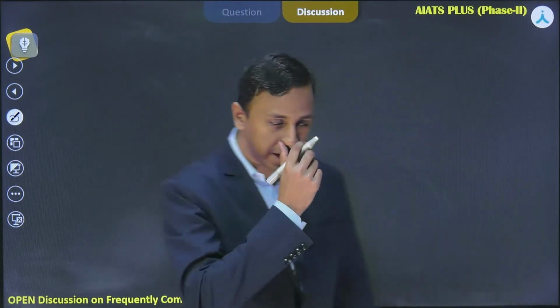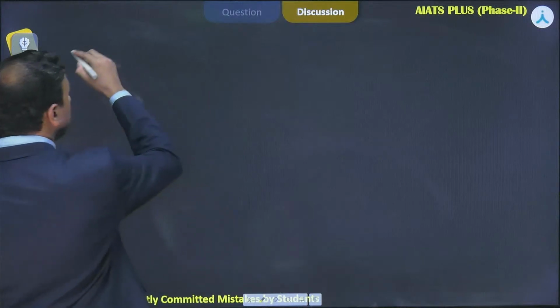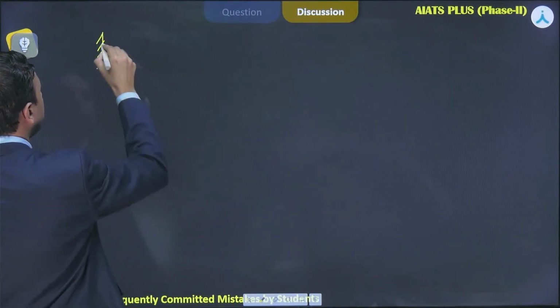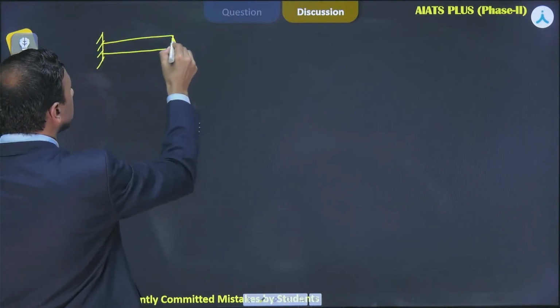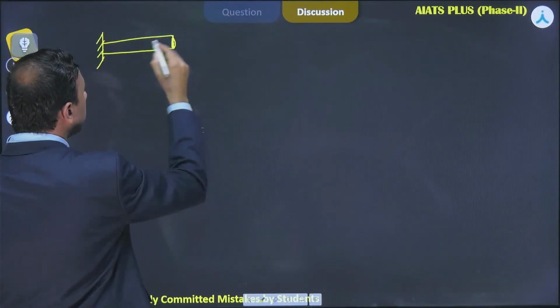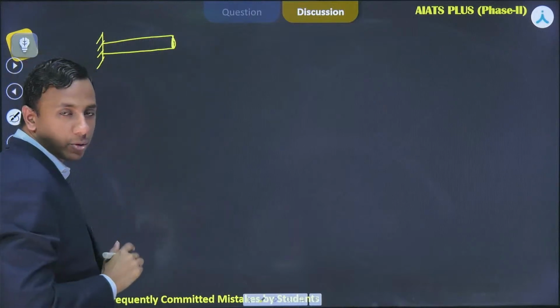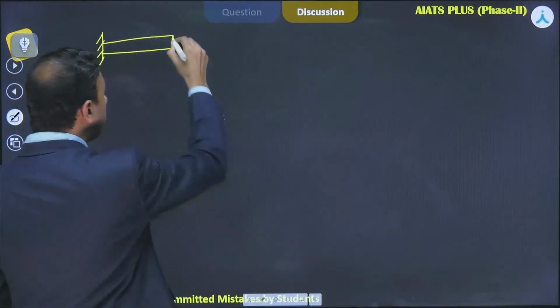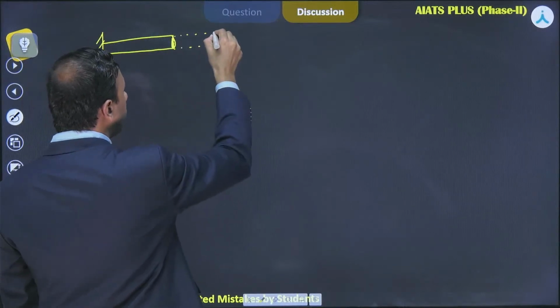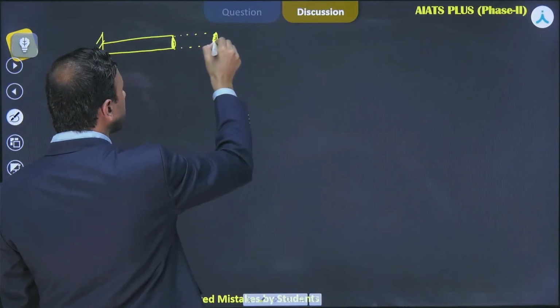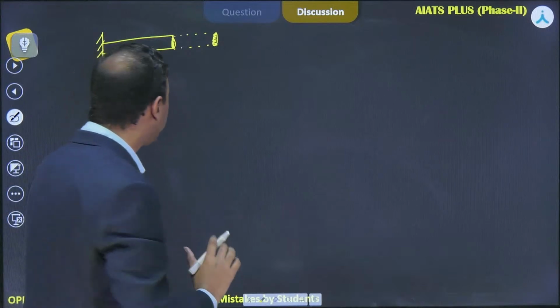So let me draw a new diagram for you guys. See over here. Right, and let's say I'm applying a force F. So what would happen? The rod will elongate, right? So let's say the rod has elongated up to over here. Okay, elongated up to here.